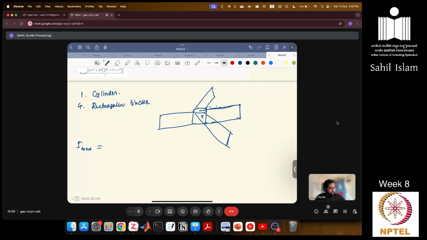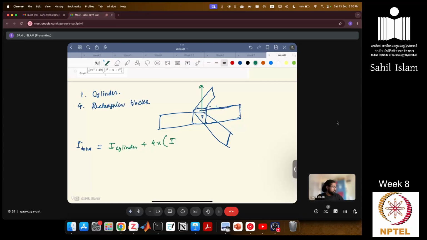So the total moment of inertia will be about this axis. This is very important: you have to define the axis. Why this axis? Because this is the axis the whole thing is going to rotate about. So all the moments of inertia we have to calculate about this central axis. We'll have I for the cylinder plus 4 times I of the blocks.